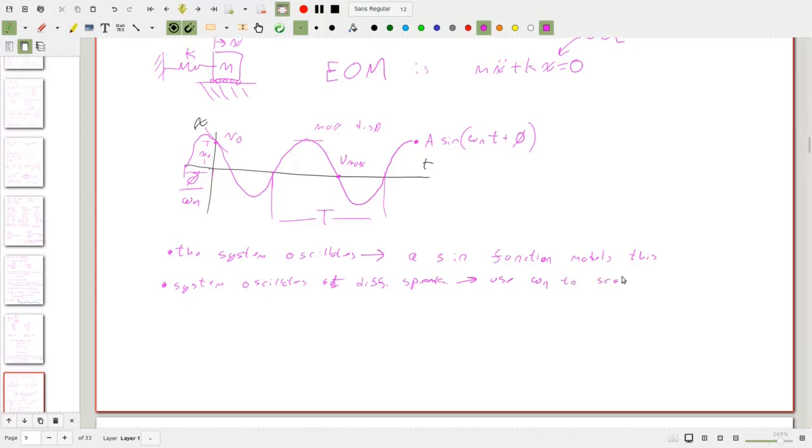All right, so our system has different amplitudes, right? So how do we adjust for that? Multiply the sine by a constant.